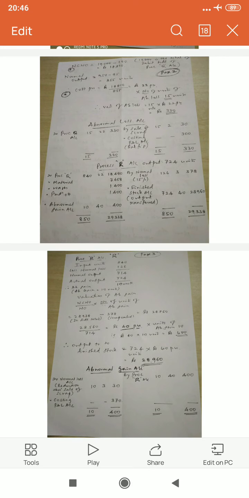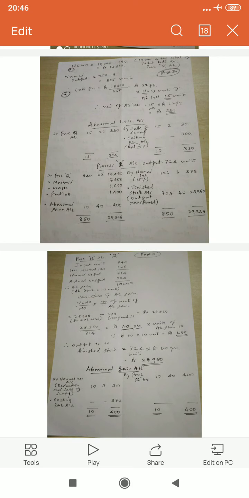You go through the summation or total of debit side of process R account. Debit side of process R account, total amount is concerned 28,938. Out of it, rupees 378 is realized in the form of the scrap value of normal loss.